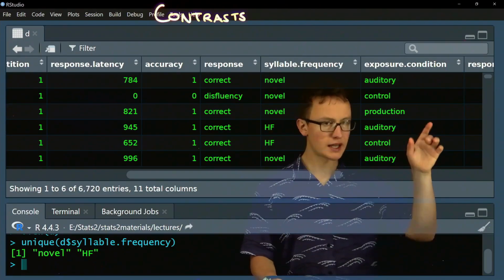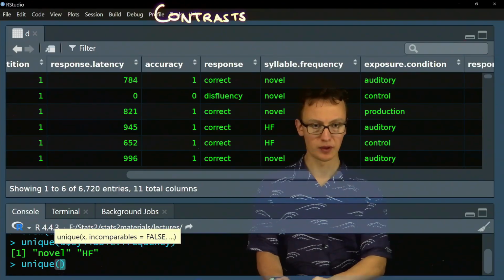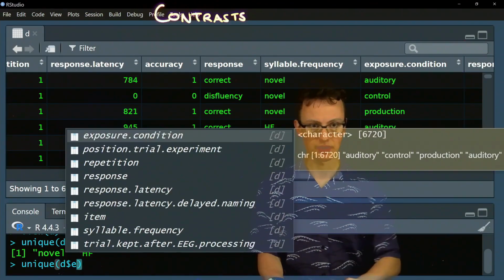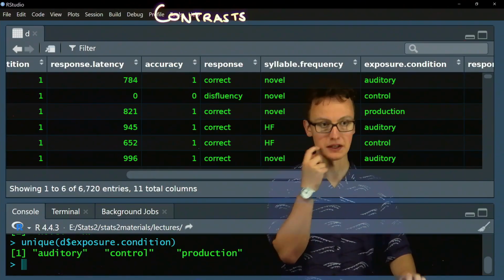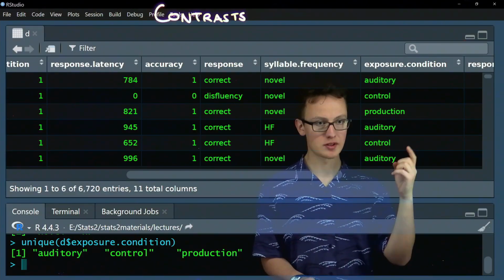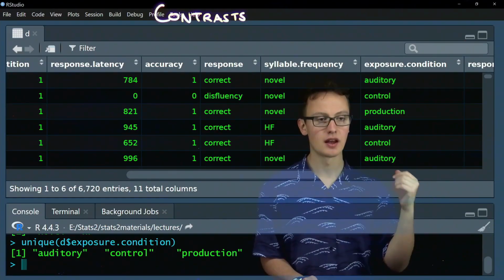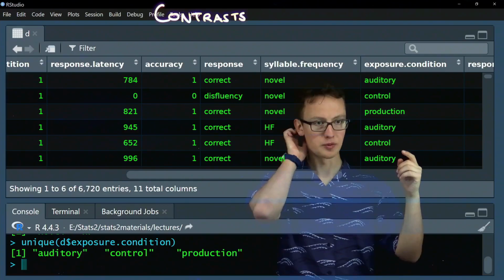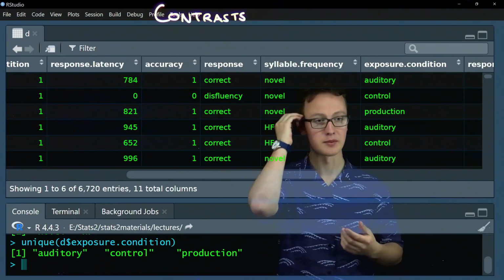And this training type, aka exposure condition as it's called here, has the following unique levels. Let's check that: exposure condition unique. So there are three different conditions. In one setting, participants would be trained auditorily, listening to these syllables. In another setting, they would be trained using production, by having to produce them themselves.